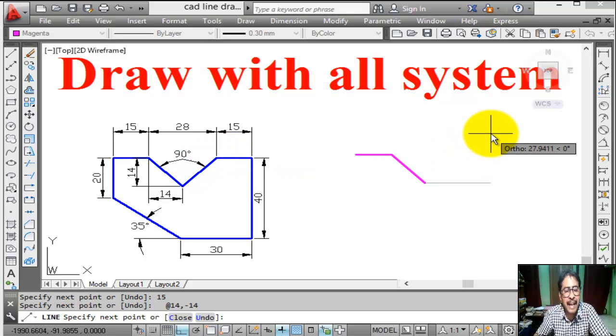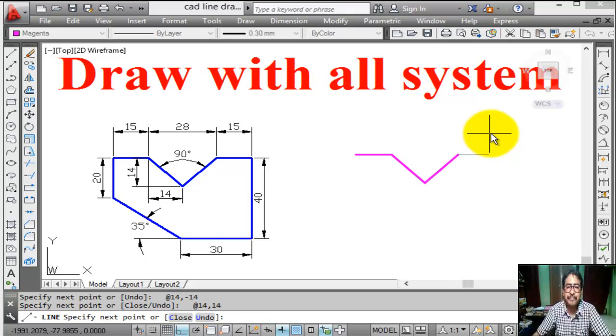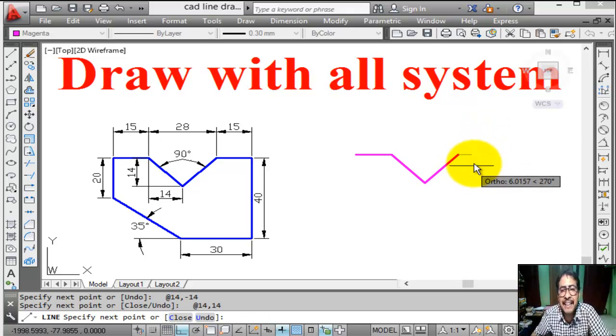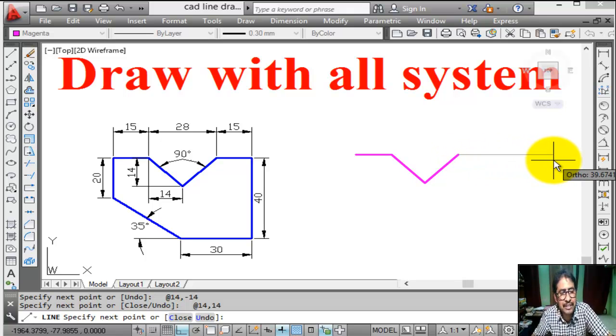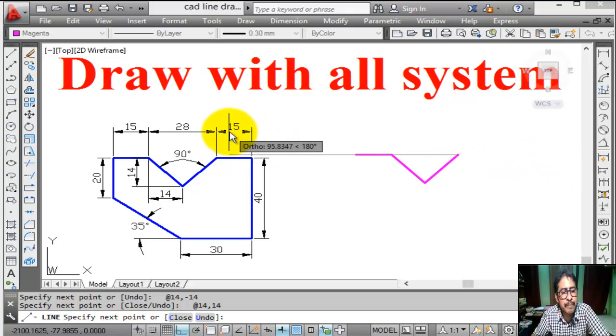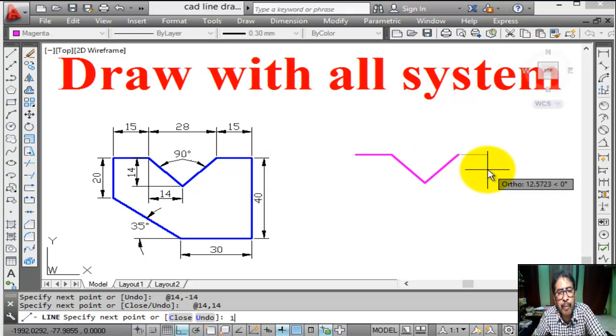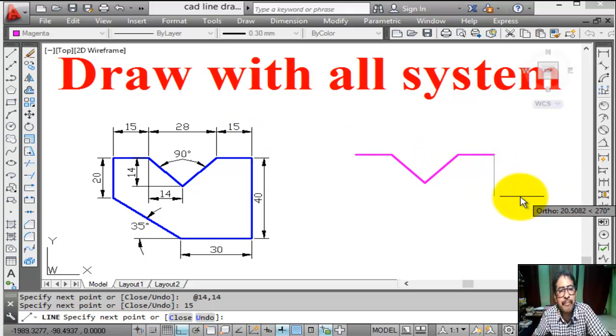Again, this point coordinate in the Cartesian system at the rate of 14, 14. Okay, next, again by direct distance method, ortho is on. Mouse in right side, we just type 15.